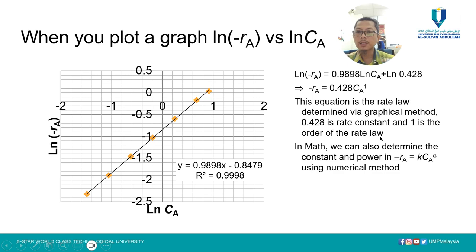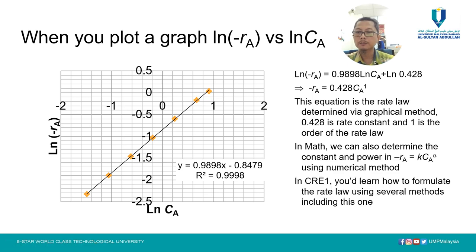We call this the power law model. One of the models used to capture the progress of the reaction is the power law model, a power equation. And this is going to be the rate law for your syllabus.